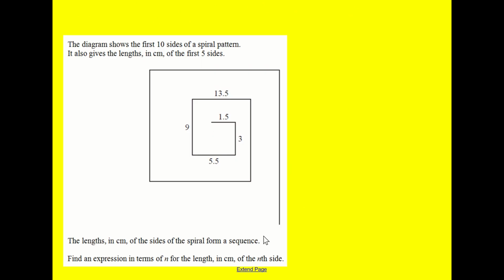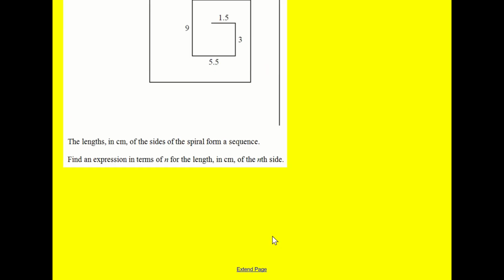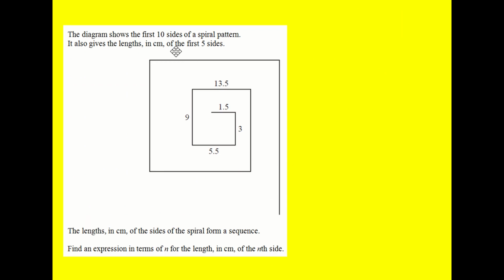Let's take a look at this last one. We're given the first 10 sides of a spiral pattern. It also gives the lengths in centimeters of the first 5 sides. Work out the nth term.